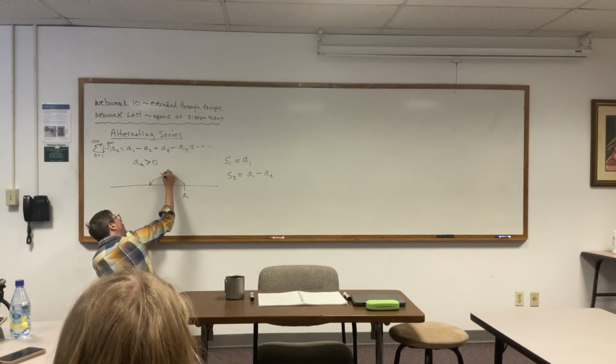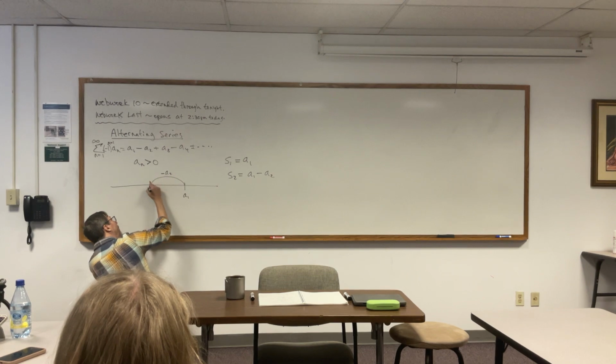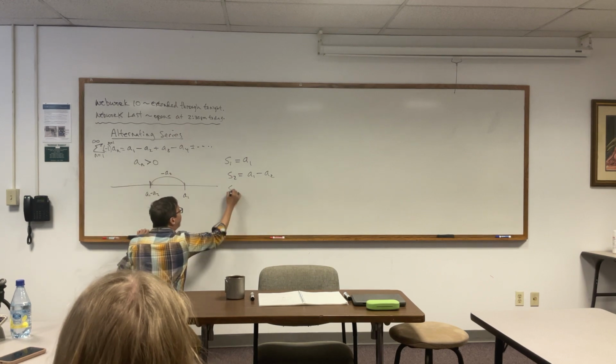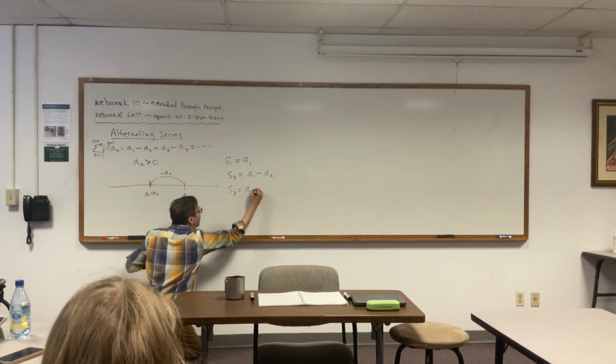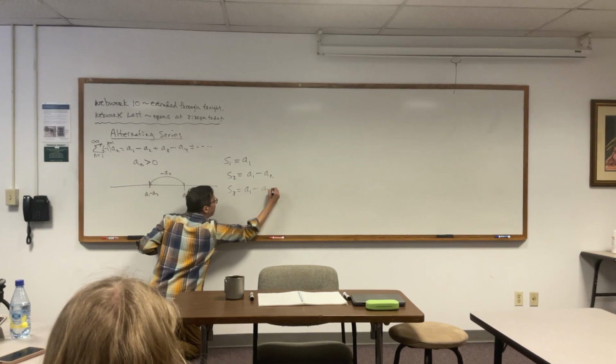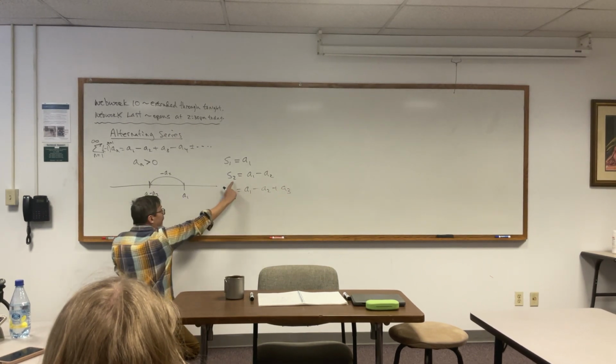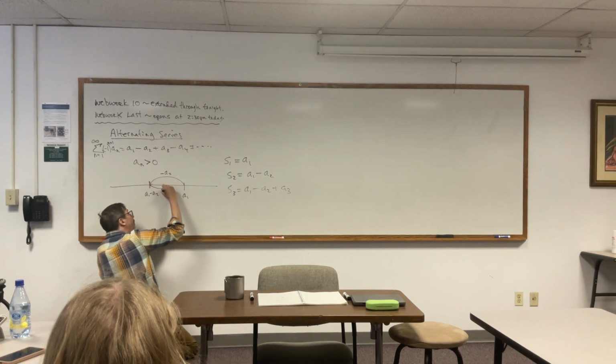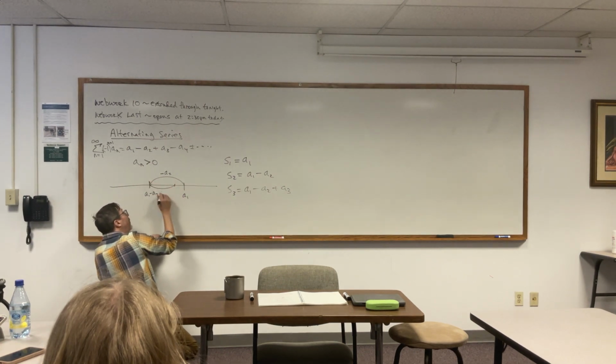So I subtract A2, and then I end up here at A1 minus A2. So I go back that far. S3 is A1 minus A2 plus A3. So it's this previous sum plus a positive number. So then I move forward A sub 3.